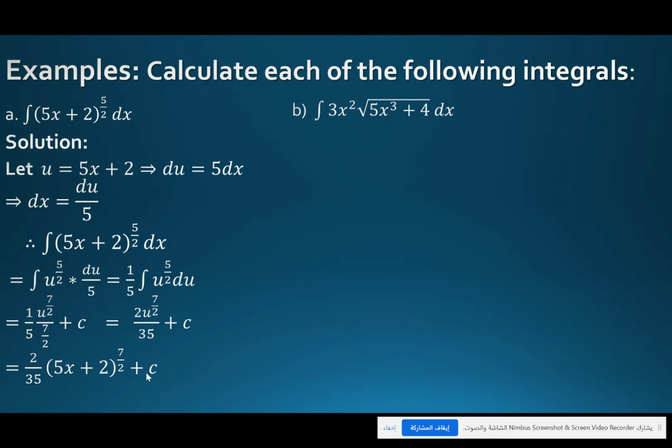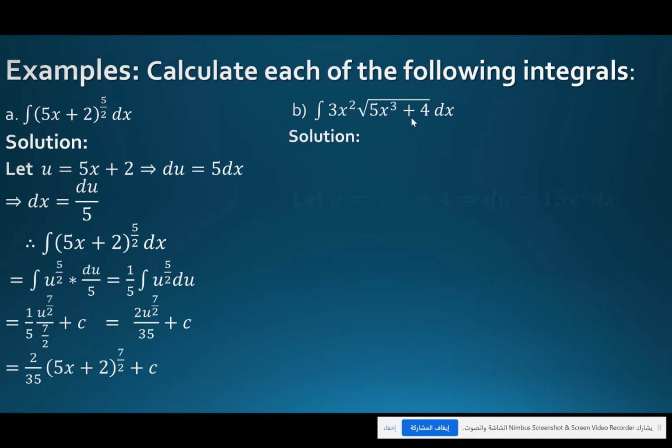Let's now go to B. If we have the integration of 3x squared times the square root of 5x cubed plus 4 dx, you can see that this is our function which has a power, which is a half. So we are going to take what is inside it without taking what is outside it and without taking the root itself.